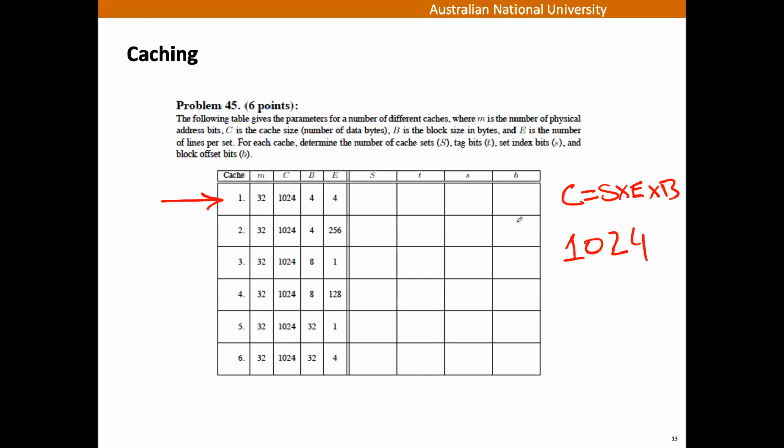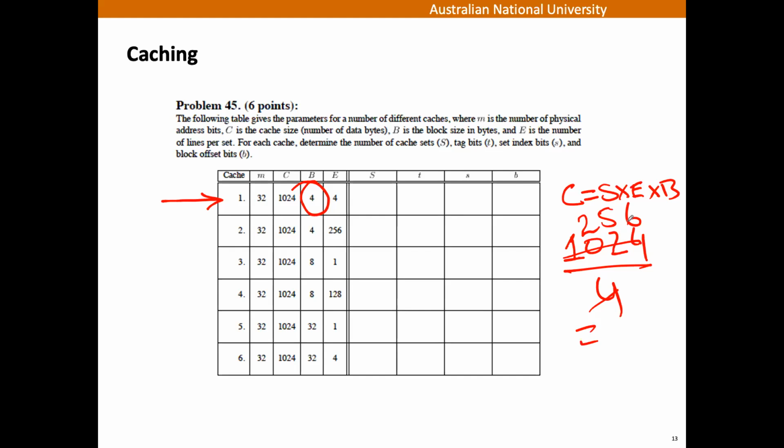Which column is my line size or block size? How many bytes are there in a single block or line? That's right here. So divided by 4, what do I get? So I have 256 lines in my cache.